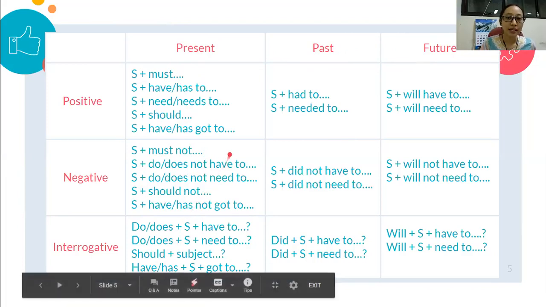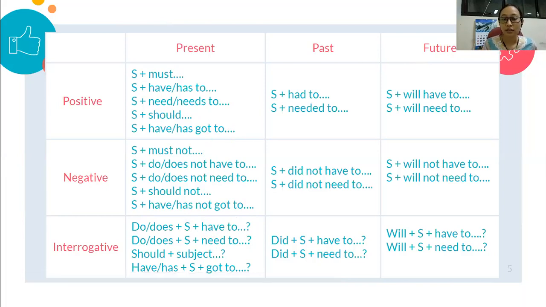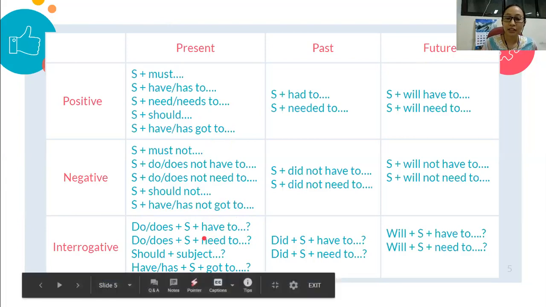Lalu gimana kalau mau nanyakan haruskah saya, haruskah dia? You can use do I have to or does she have to. Memang maknanya agak turun karena have to atau has to itu di bawahnya must, tapi memang must ini tidak digunakan dalam bentuk interrogative.